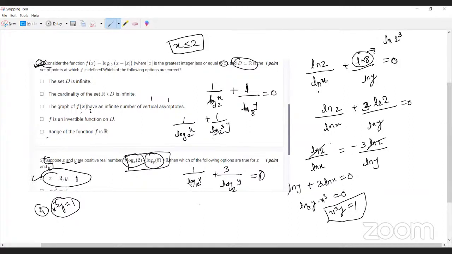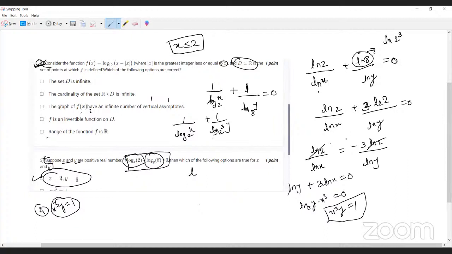Sir, we can substitute x and y values in x cube y equal to 1 and check. Yes, but we need to simplify that first, right?